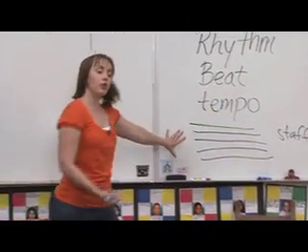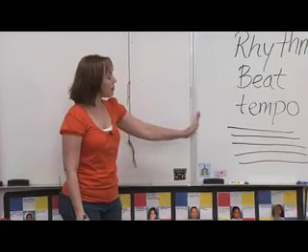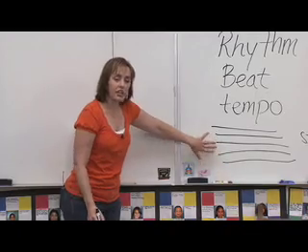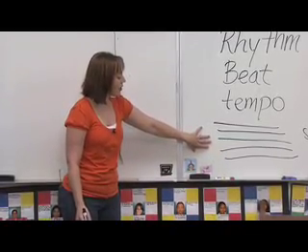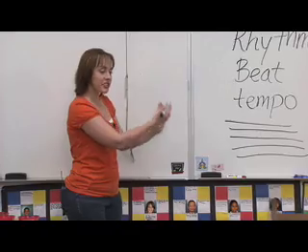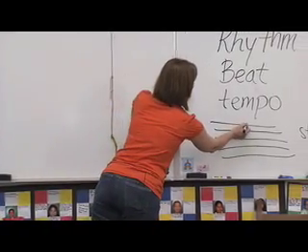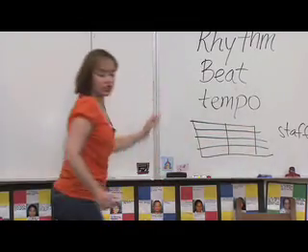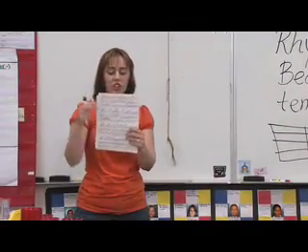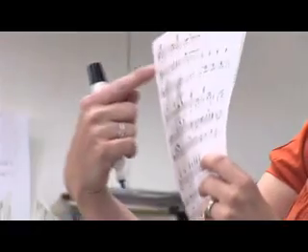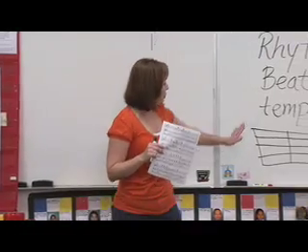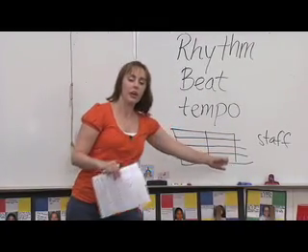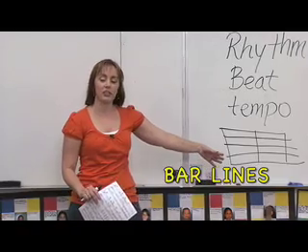Now, the reason this is important to us today is because when we're talking about different rhythms, we're looking at different notes on these five lines, on this staff. And we're going to put them into smaller sections. When a musician wants to look at just one piece on a whole sheet of music, we put them into different sections by using these vertical lines, and we call those bar lines.